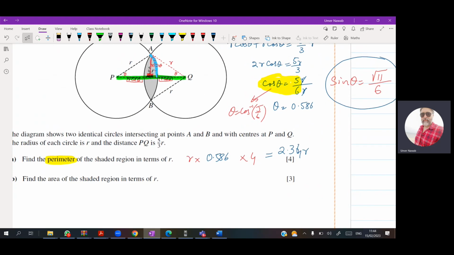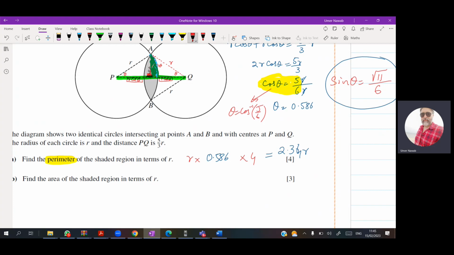So I want to find the shaded area. Interesting. I need to find this area, and then I will times it with 4. Do you understand? And this area is sector minus triangle.